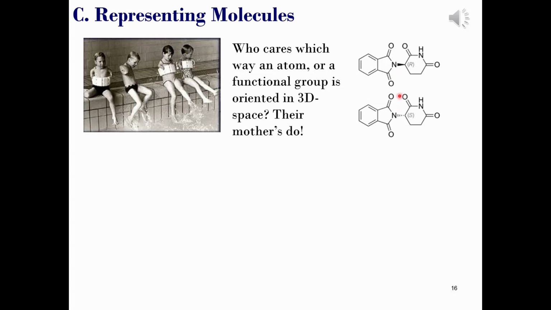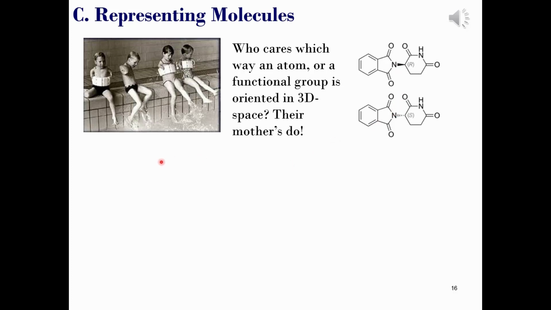And these shapes can, in the body, be converted into one of these shapes that is particularly harmful and causes these birth defects. Now, you'll notice that these shapes are different in the sense that they have a solid wedge and a dashed wedged bond connecting one of the rings to the nitrogen atom. Now, what does this mean?